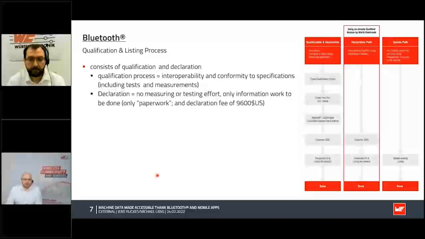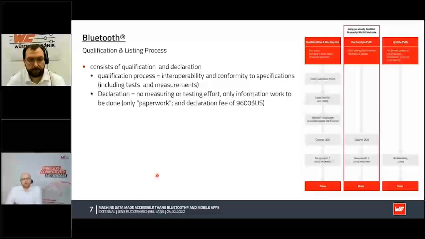Of course, there are limits, because not every device supports every function, but in some ways, every part can communicate with the others. The second part is the declaration, and there is no measuring needed.